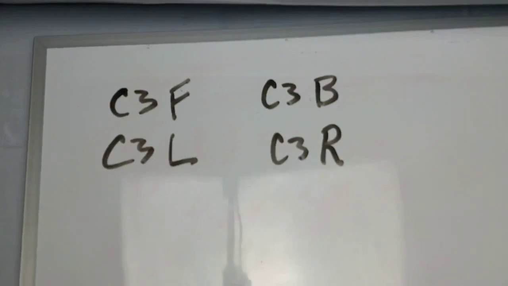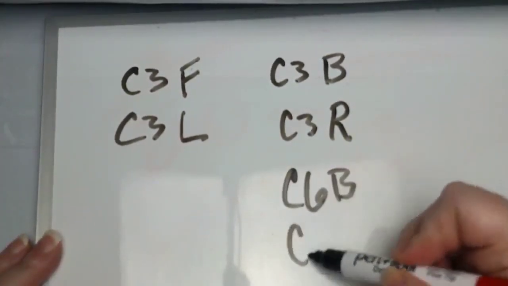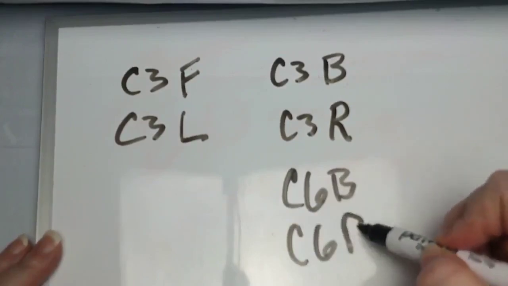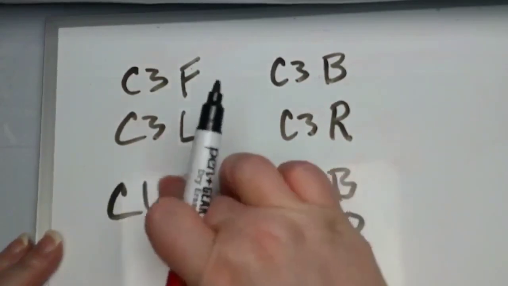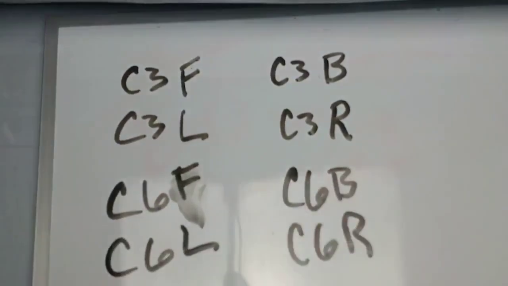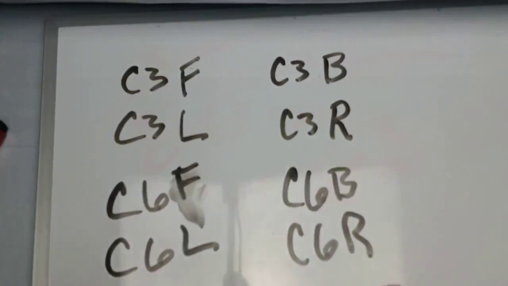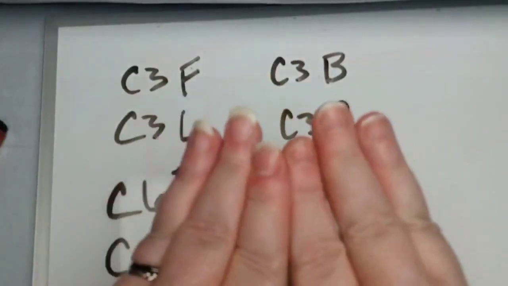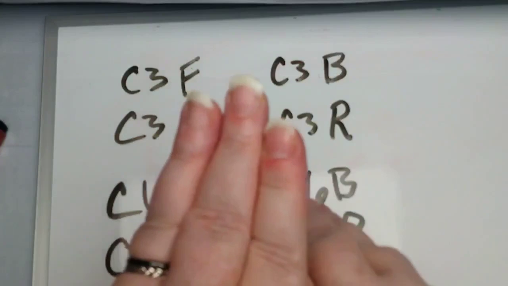Or the same exact cable could be written as cable 6 back, cable 6 right, cable 6 front, cable 6 left. Now depending on who's writing it and how they learned cables, these same 6 stitches could be referred to as cable 3 back, which means you're going to make a cable while holding 3 back.